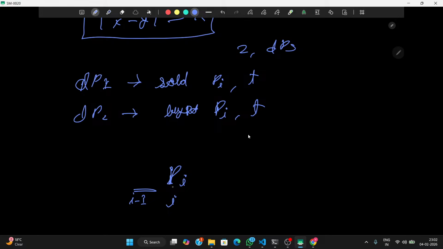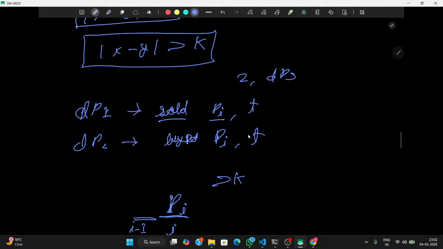We can first of all check whether the difference between this element and this element of DP1 at I minus 1 is greater than K or not. If it's greater than K, then we can buy the stock at price Pi, and in that way we can close one more subarray.